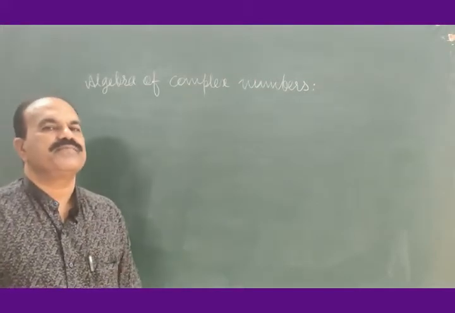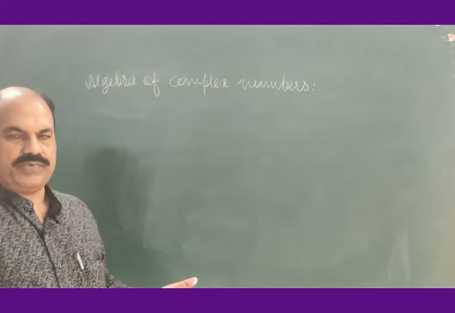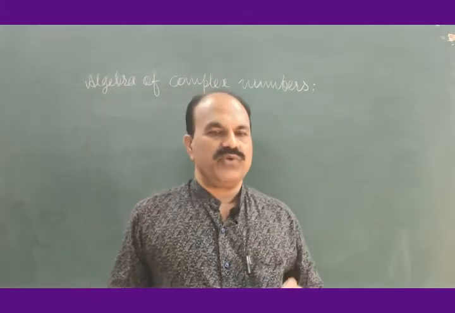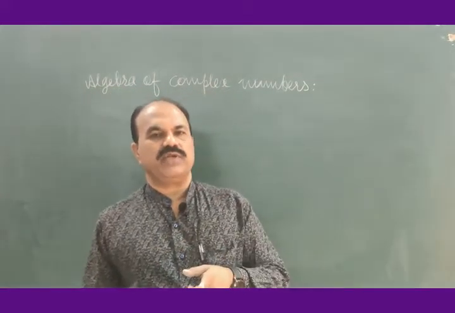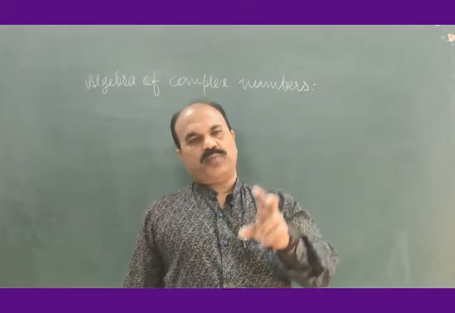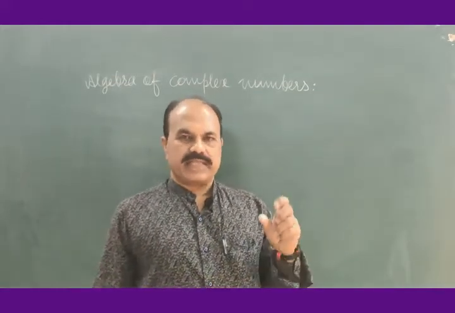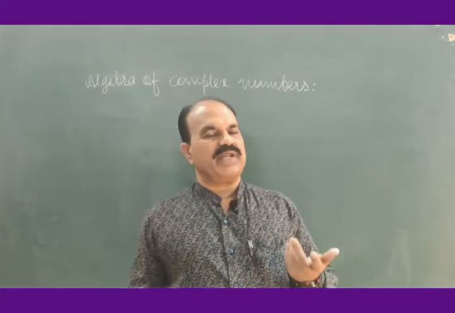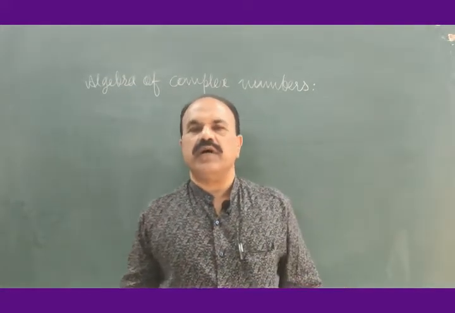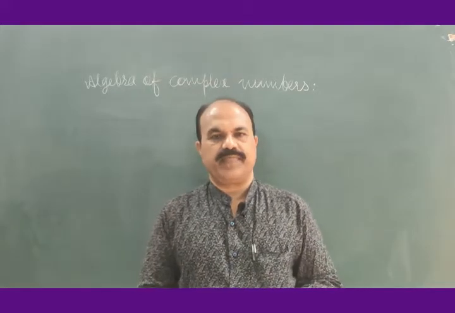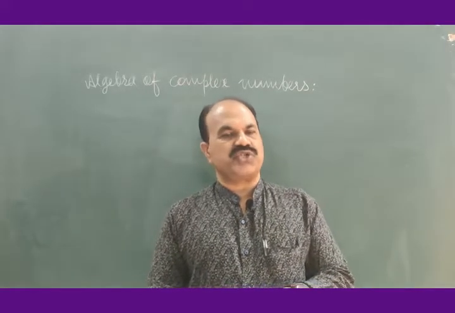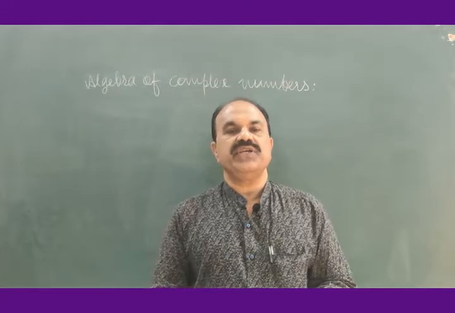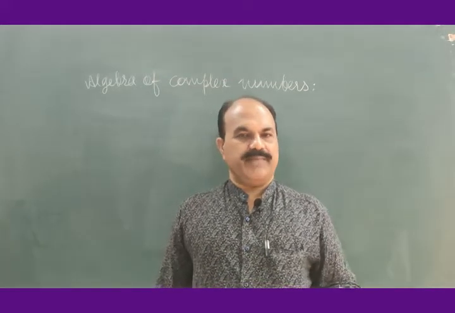This is a big article. We need 2 to 3 lectures to complete this article, because in this article we have to study addition of complex numbers, few properties of addition, subtraction of complex numbers, multiplication of complex numbers, few properties of multiplication of complex numbers, then division or quotient of complex numbers, and then comes the conjugate complex number.